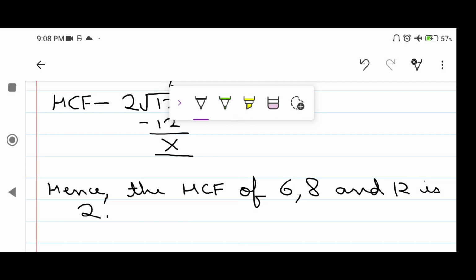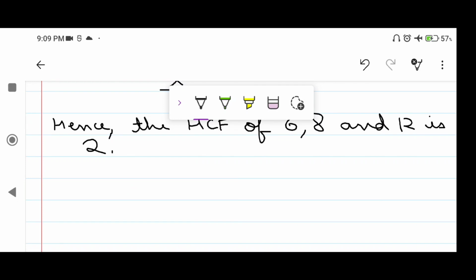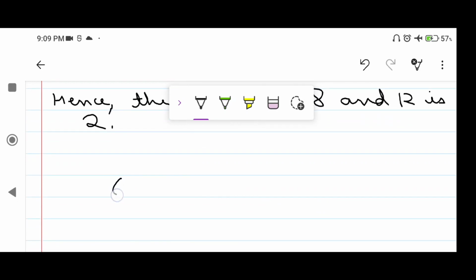This is how we find out the HCF of more than 2 numbers. You can verify this by the prime factorization method as well. One very important point which I want to tell you is that suppose we have two numbers like 6 and 36. As you can see, 6 is a factor of 36.